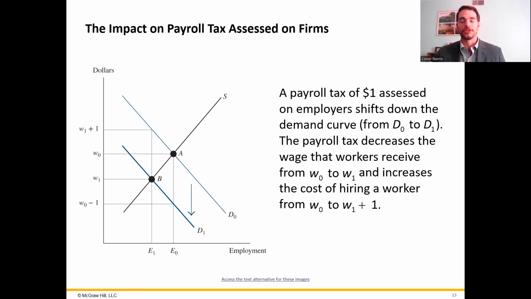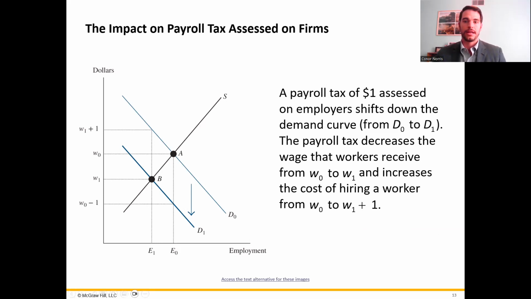This causes the demand curve to shift downward by $1. So we can trace the equilibrium point from point A, the point that's on the parallel demand curve down here, that is simply shifted down from the original demand curve to now demand curve D1 by $1 lower.